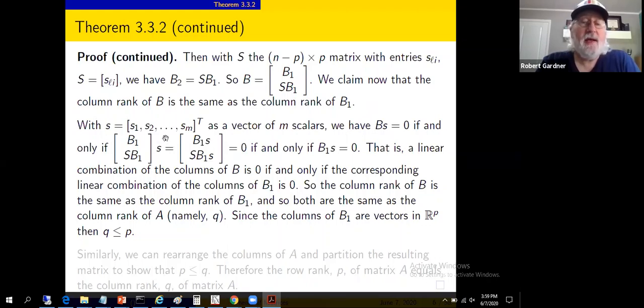Suppose we take S as that vector and we have matrix B times S equals 0. Matrix B we've partitioned like this. We're multiplying it by vector S and getting out 0.